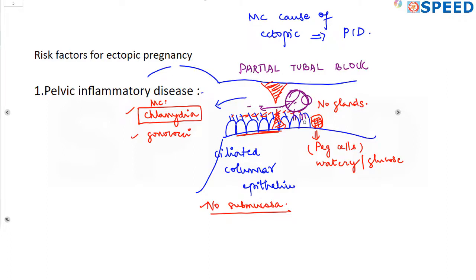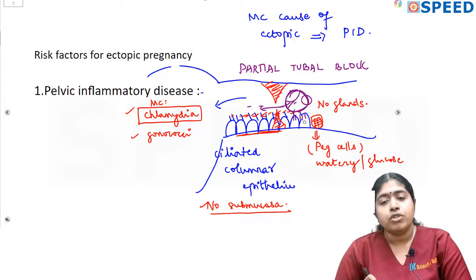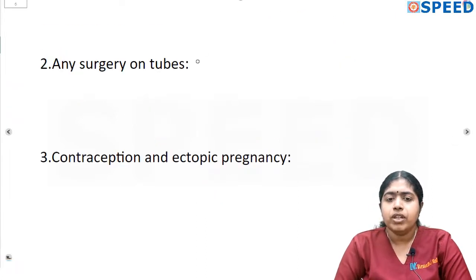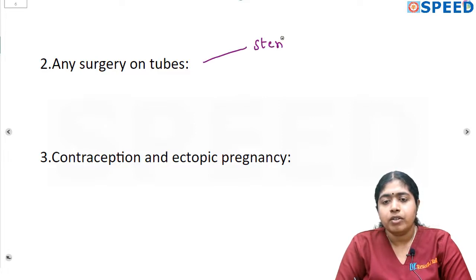This leads to ectopic pregnancy. So if they ask you what is the most common cause of ectopic pregnancy, it's pelvic inflammatory disease. What is the most common organism causing pelvic inflammatory disease? It's chlamydia. Is that all right? Okay. We look at the other causes. Any surgery on tubes is a risk factor. What is the most common surgery that is done in the tube?